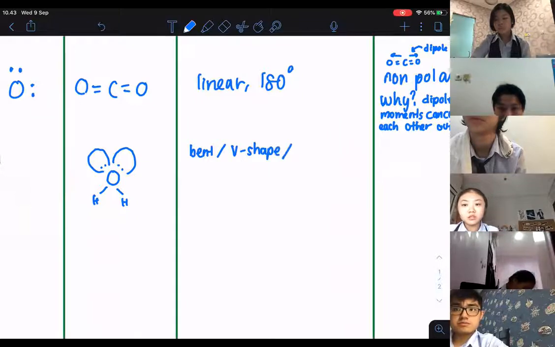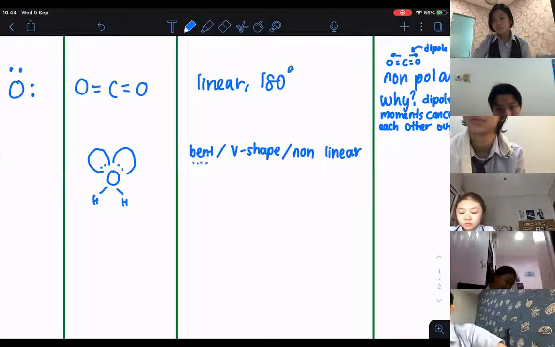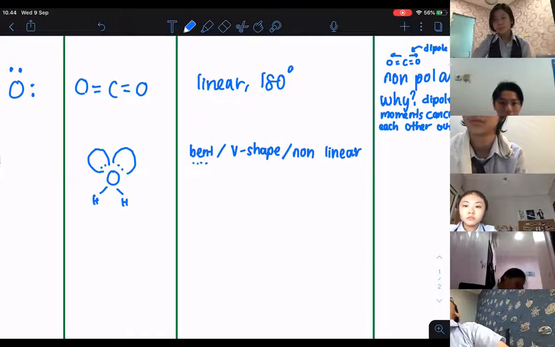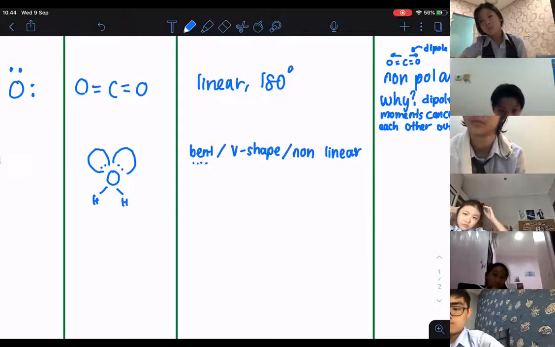We call it what? Planar, non-linear. Okay, it's supposed to be non-linear. So I will suggest using this term, bent, but if you want to use some other terms, yes, all these terms are inside your syllabus. So you can give any of these 3.